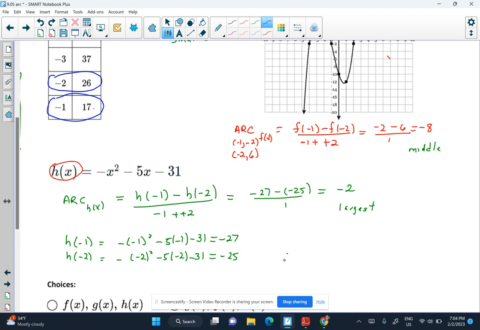So the average rate of change for g of x is going to be less than the average rate of change for h of x. It's less than the average rate of change for f of x. And that would be the answer.